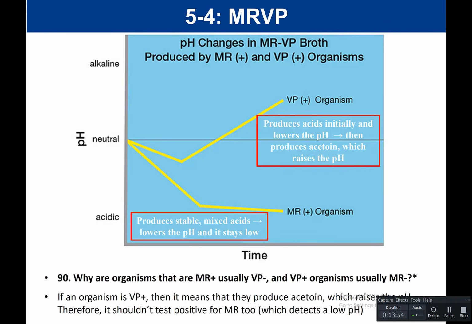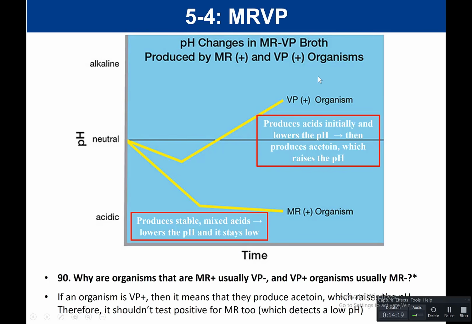So for this slide, again, you want to understand that you cannot do your readout at 24 hours because VP positive organisms will produce acids initially. So you want to understand that MR positive organisms will produce stable mixed acids, which will keep the pH low.